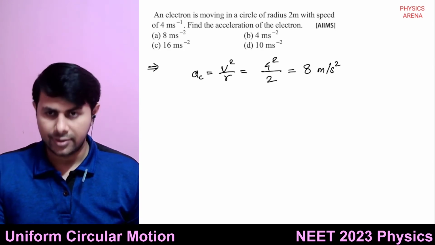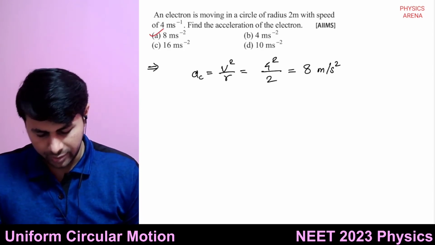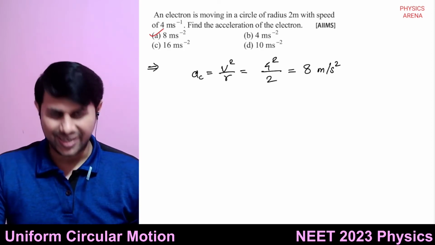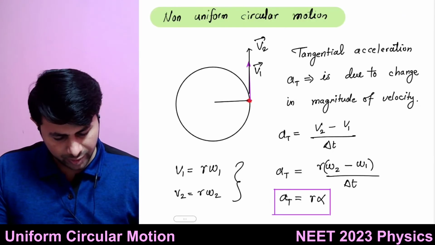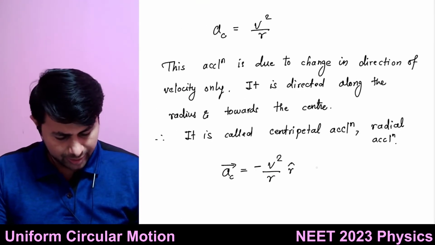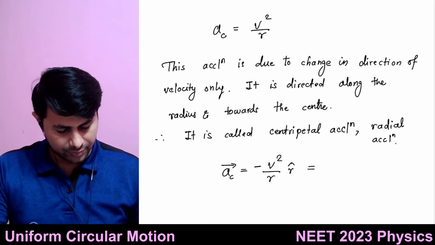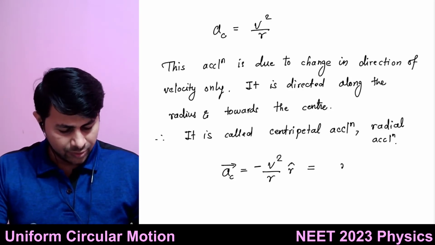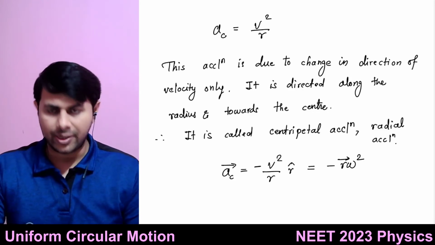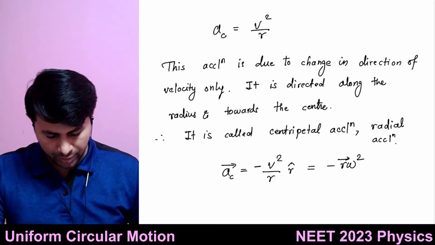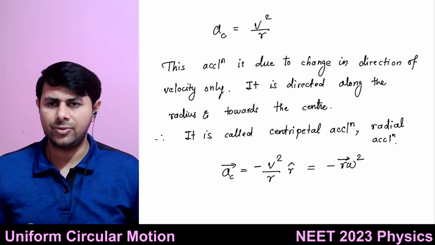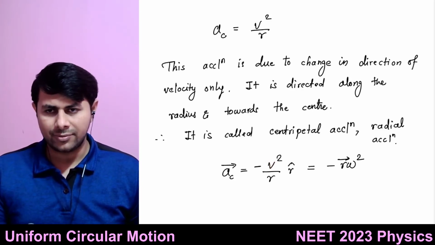Oh, I forgot to tell you one thing. There are other formulae also for centripetal acceleration. This can also be written as minus r bar omega square. How? In place of v, I can substitute r times omega.